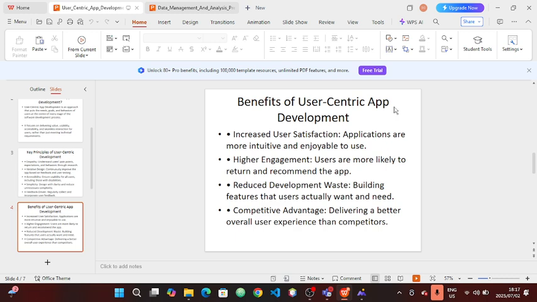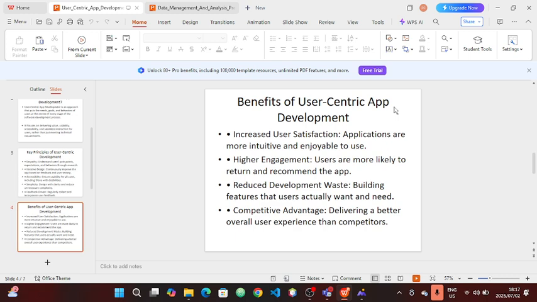Meaning if you are competing with people, if you decide to build an app, I'll make an example about Uber. If you're creating an app that's similar to Uber, it must have features that can beat Uber or Bolt or inDrive in terms of competition.